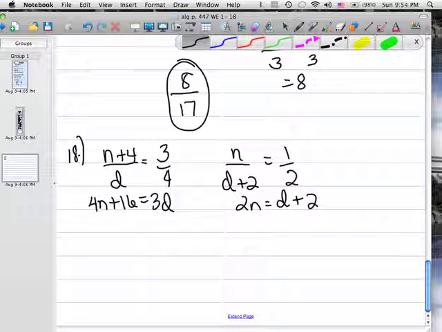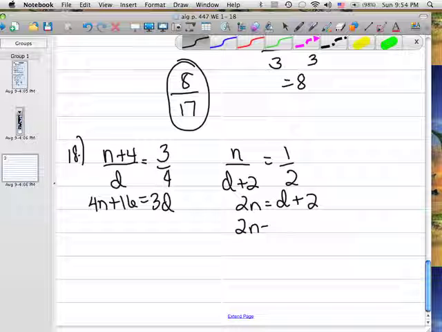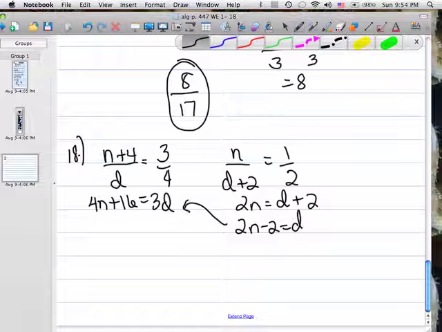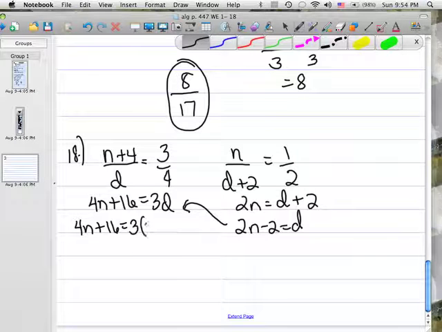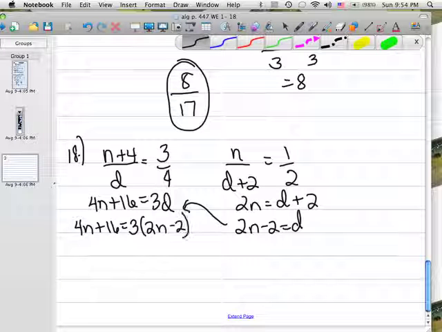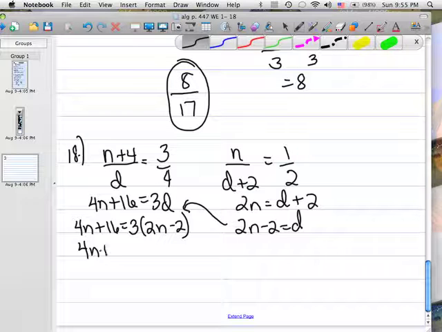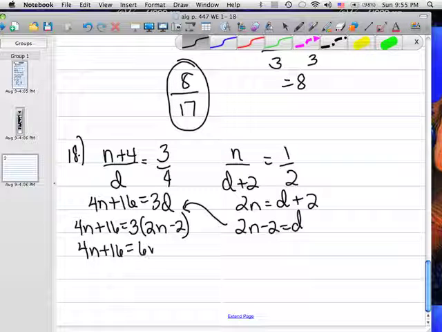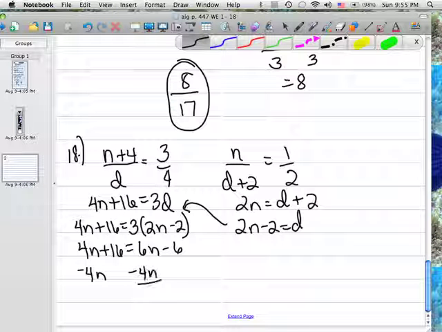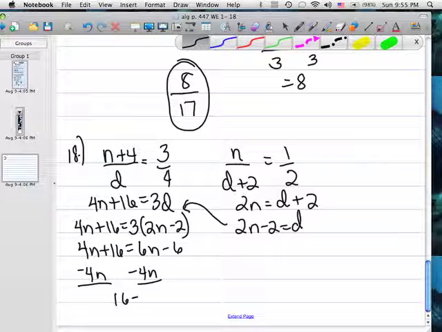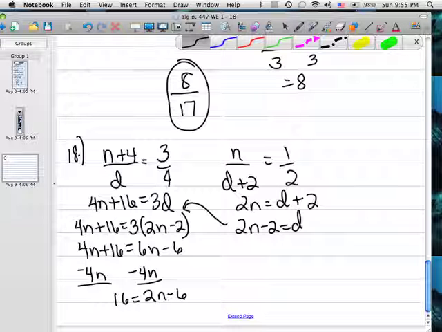I'm going to solve this one for d here. So 2n minus 2 equals d. And I'm going to substitute that in over here. So 4n plus 16 equals 3 times (2n minus 2). That gives me 4n plus 16 equals 6n minus 6. Subtracting 4n from both sides, I get 16 equals 2n minus 6.